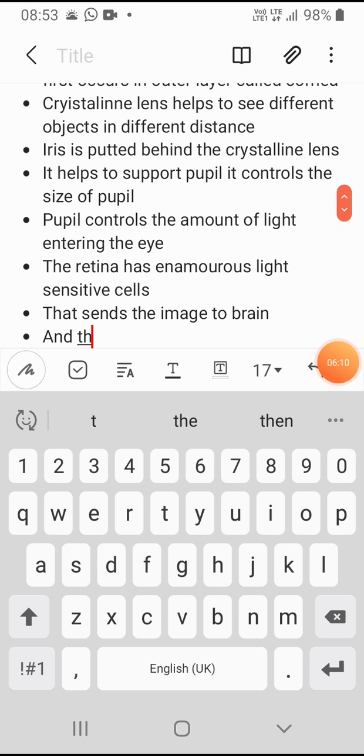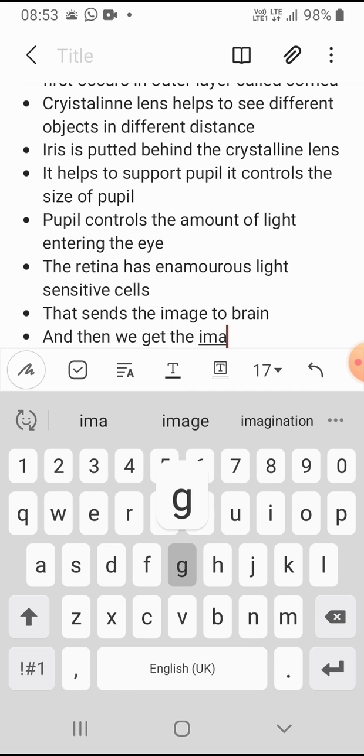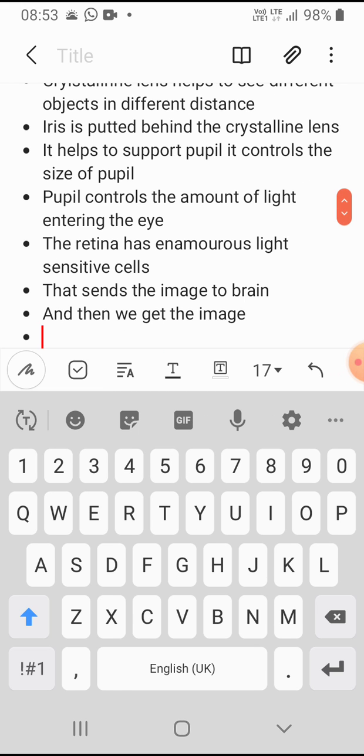Then we get the image, and we can see what is happening there. The brain tells us what we are seeing.